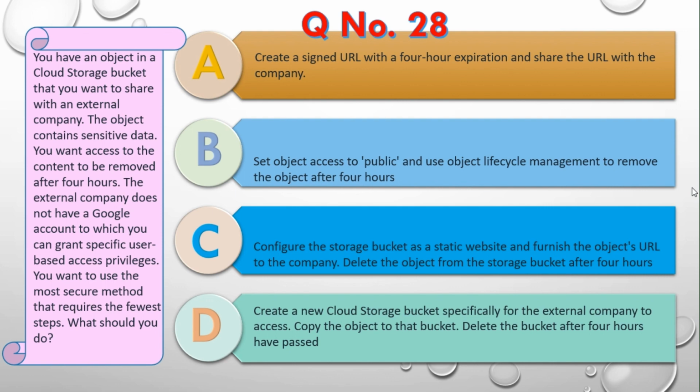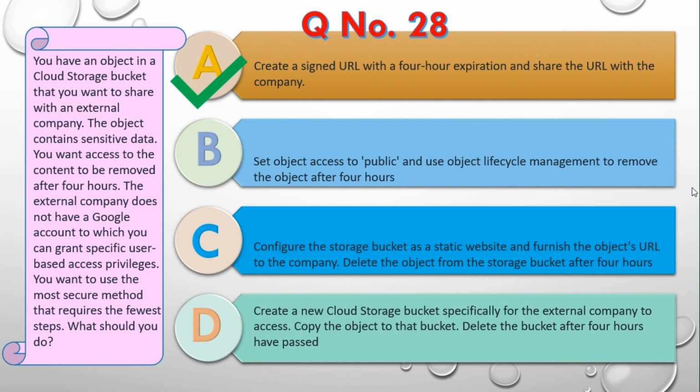Delete the object from the storage bucket after 4 hours. D. Create a new Cloud Storage bucket specifically for the external company to access. Copy the object to the bucket. Delete the bucket after 4 hours have passed. Option A is the correct answer.